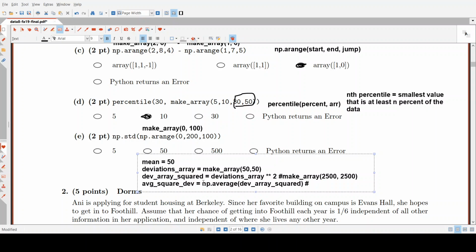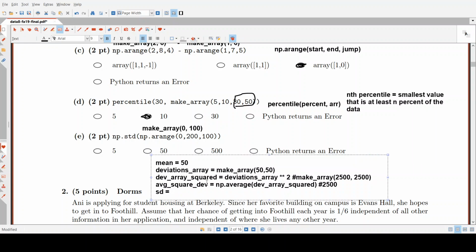The average of that is just 2,500. And so the last step is to take the square root of that. So SD equals np.sqrt of average squared deviation. And the square root of 2,500 is 50. So our answer here would be 50.